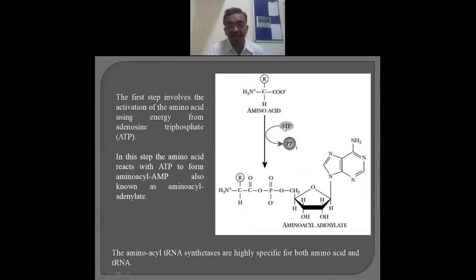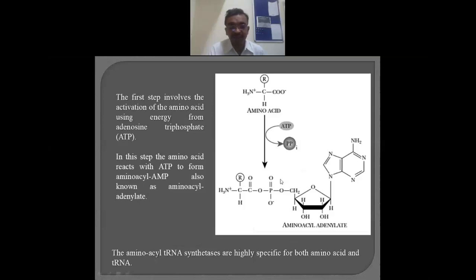Here it is shown in the diagram. The phosphate group of ATP is released, and this resultant structure is formed. This is the amino acid here, attached to the ATP's moiety. As the phosphate group is removed, it is referred to as the amino acid adenylate, or aminoacyl adenylate: this is the adenylate part, and this is the amino acid.